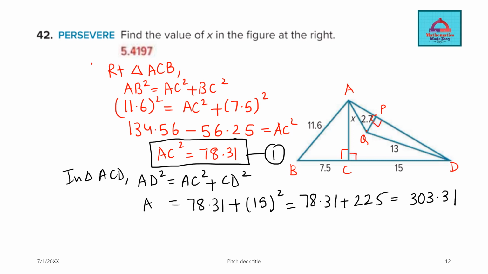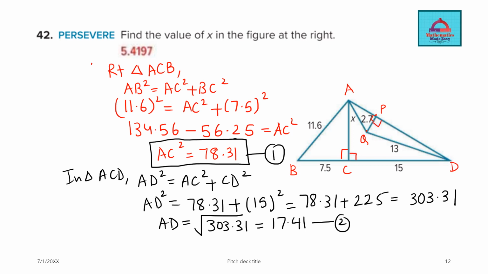Now this is the value of AD square that we have got. That means we can get the value of AD from here. So AD is going to be square root of 303.31. So this is going to give you 17.41. Mark this as second equation.